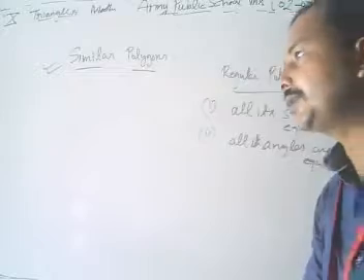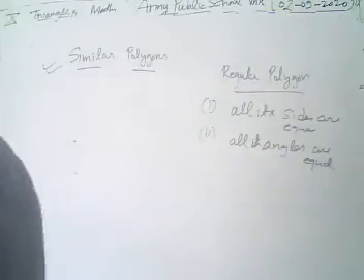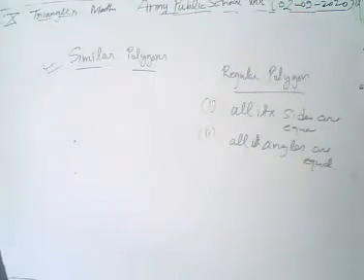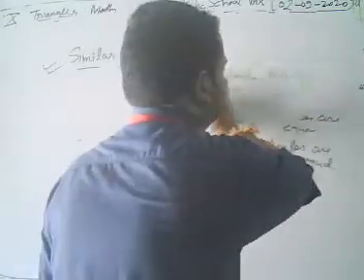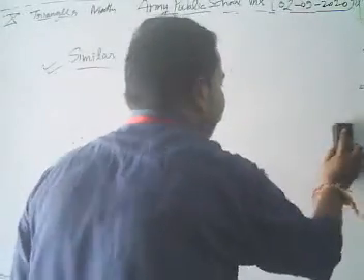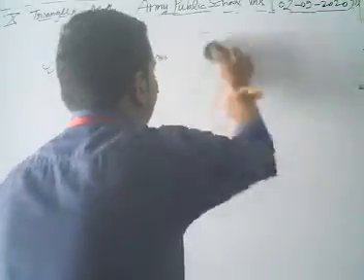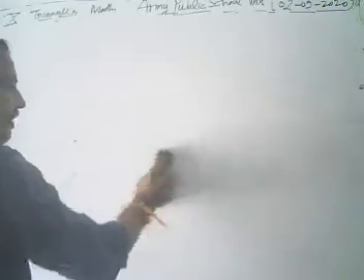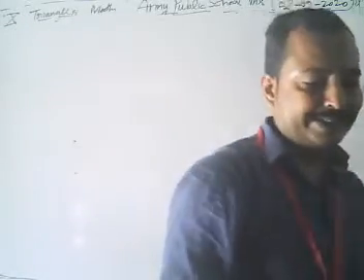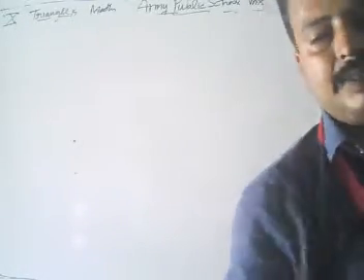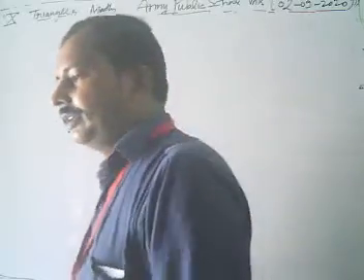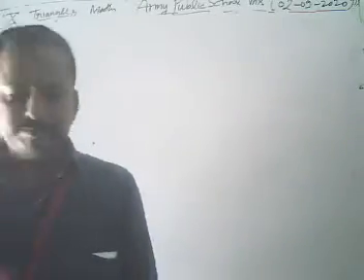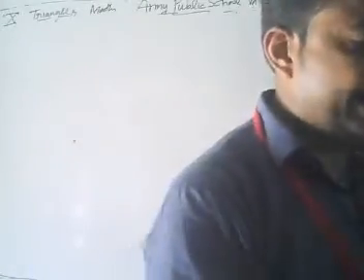If somebody gives you one triangle and one square or rectangle, you cannot say the figures are similar to each other. So the basic difference is that in congruency, figures have the same shape and same size, but in similarity, figures have the same shape but not necessarily the same size.